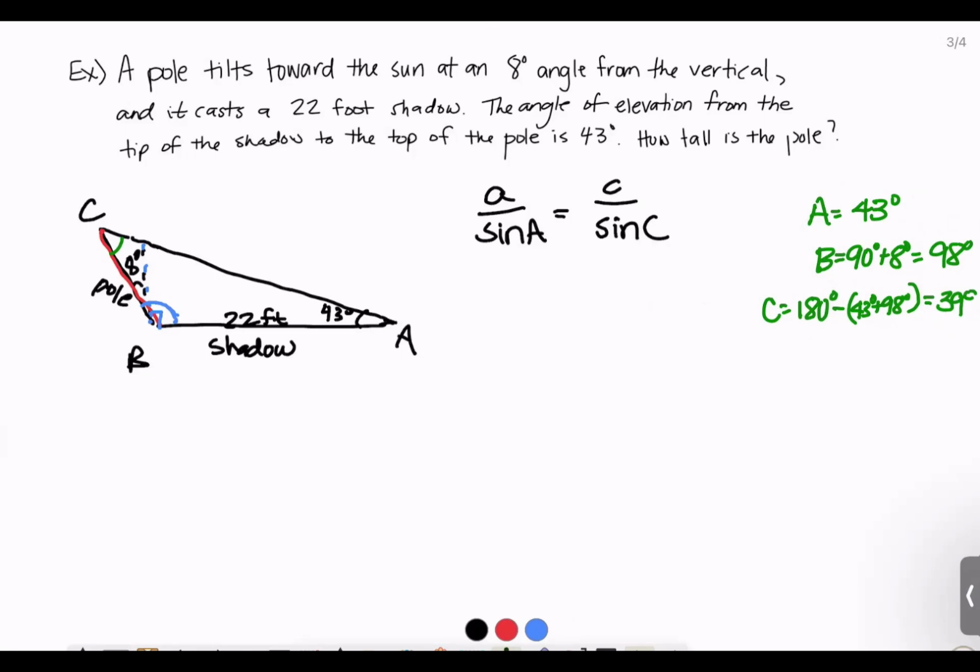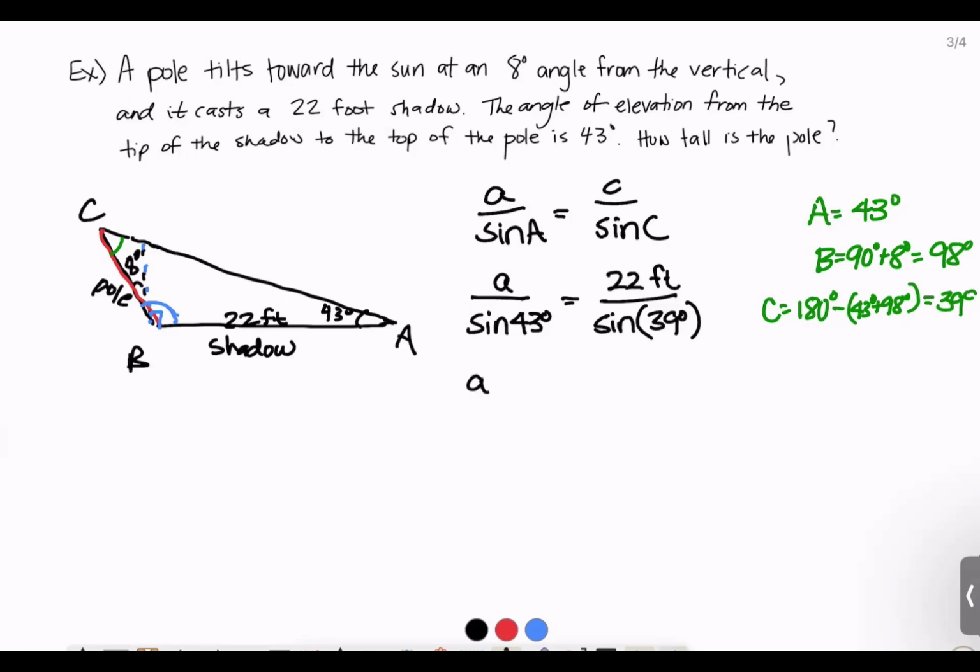Okay, so now we've got enough information to find side A. So I'm plugging in things that I know. I know angle A. I know side C that was given to me. It's 22 feet. And angle C we just found to be 39 degrees. Again, we're going to multiply both sides by sine of 43 degrees, this denominator here, to cancel it.